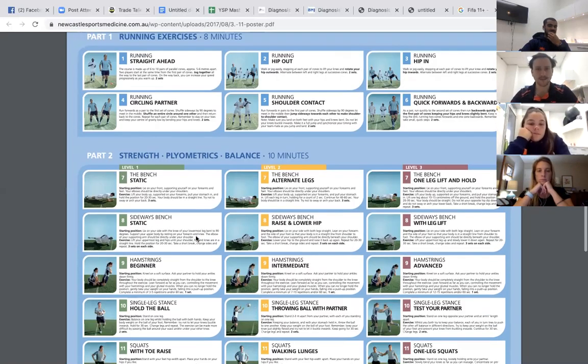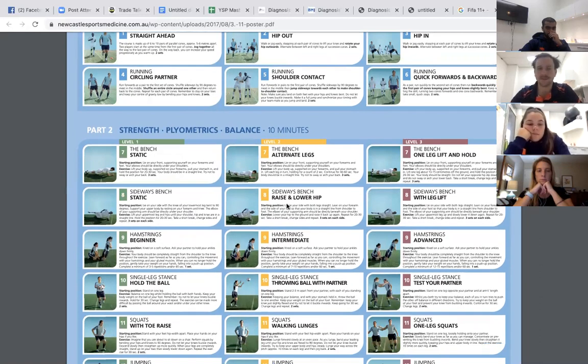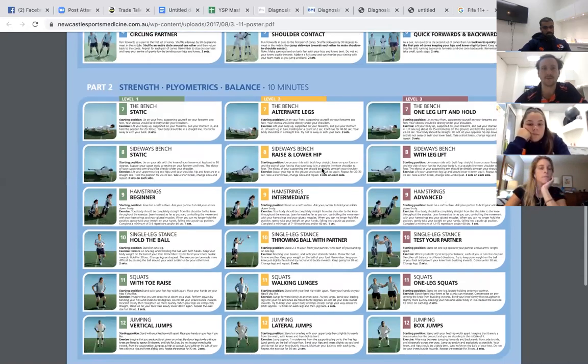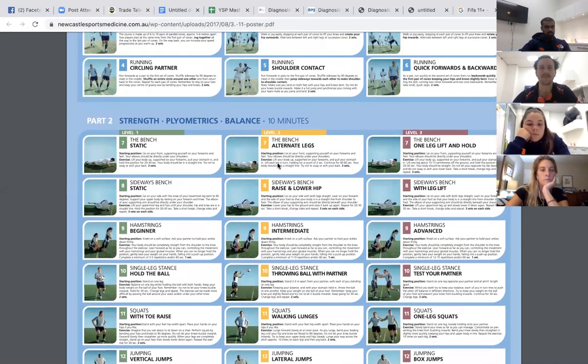Part 2 has a couple of different levels depending on the player's ability. You can either go straight down the green level 1, or straight down the orange level 2, or straight down the red for level 3. They're all about strength, plyometrics, and balance exercises.